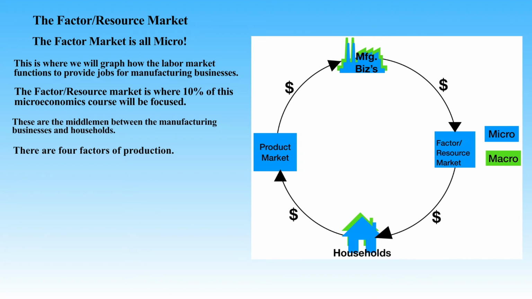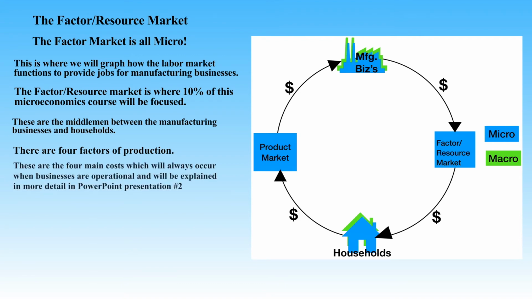This is where we see the costs of being in business, and there are 4 costs, or what we call factors of production, which will exist anytime there is a business doing business and involved in business. These 4 main costs will always occur when businesses are operational and will be explained in more detail in PowerPoint presentation number 2.